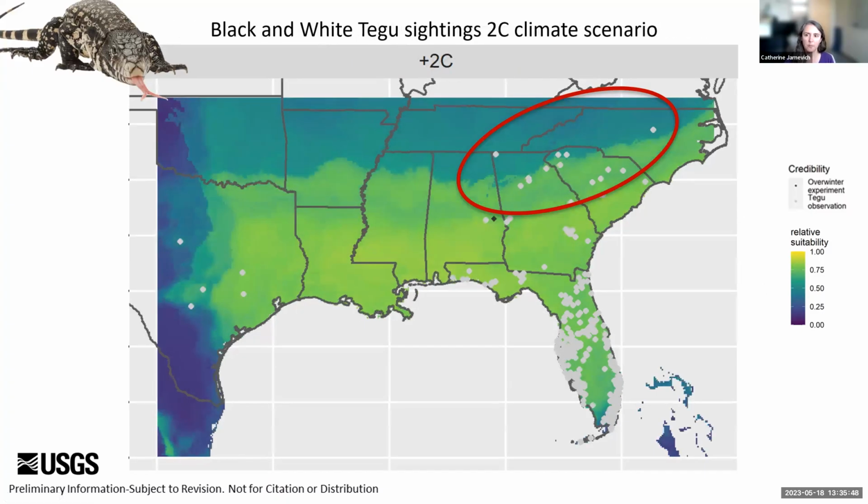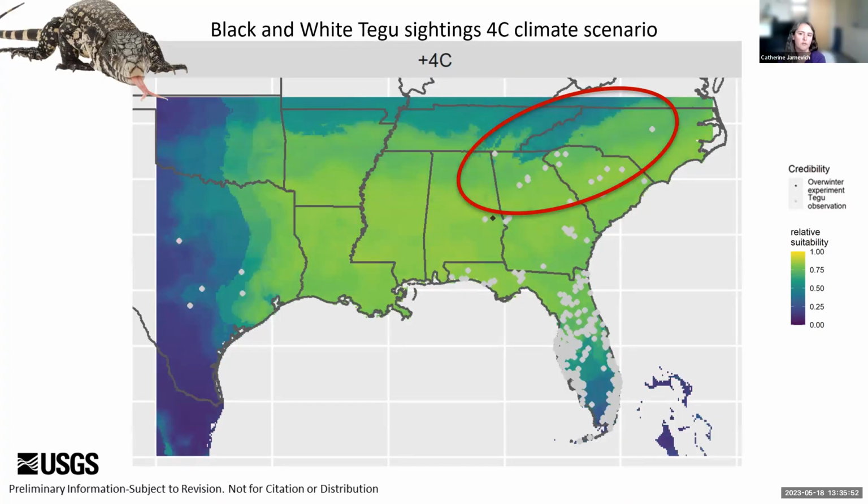But if we look at that with changing climate, there's predictions to have increased suitability in those locations. And so those are likely areas that people do really want to be aware of tegus, potentially have public education campaigns to make people aware of the potential issues and really focus on trying to prevent those populations from well establishing and expanding.